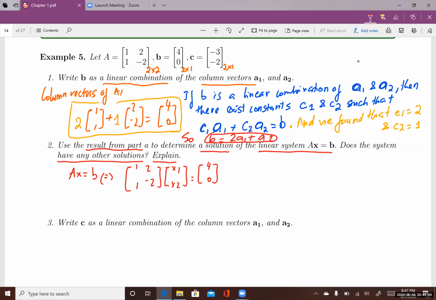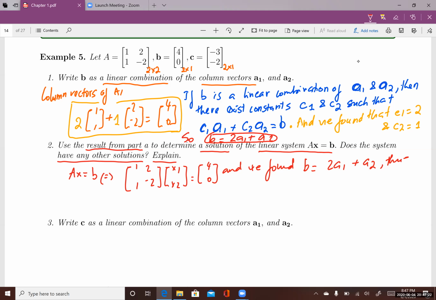And we already found that B equals 2A1 plus 1A2.